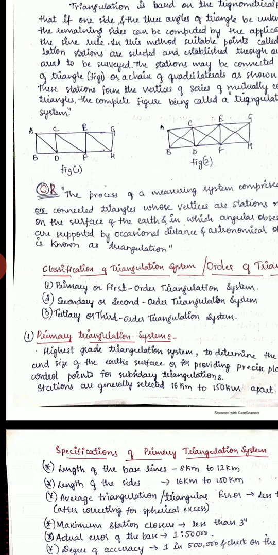In this case there are three classifications: the primary or first order triangulation system, the secondary or second order triangulation system, and the tertiary or third order triangulation system.